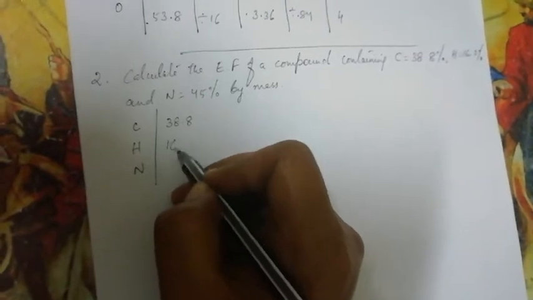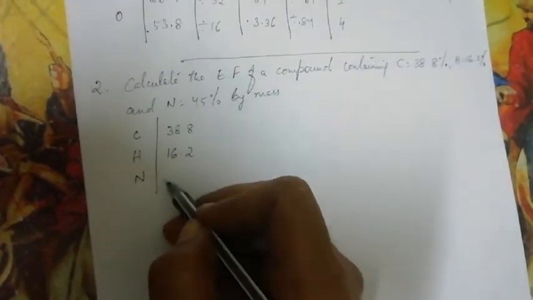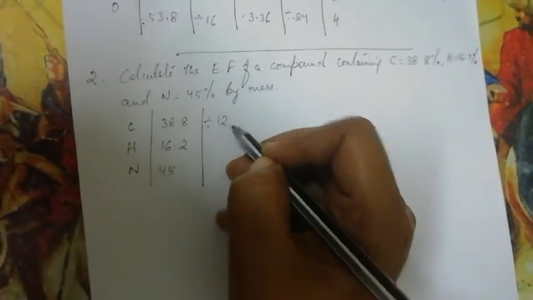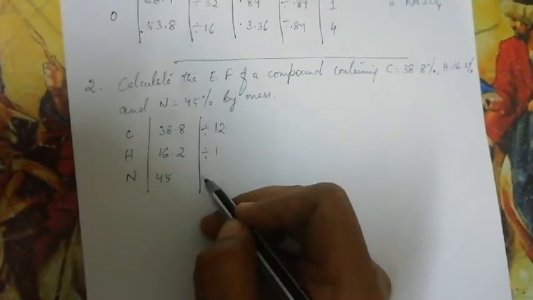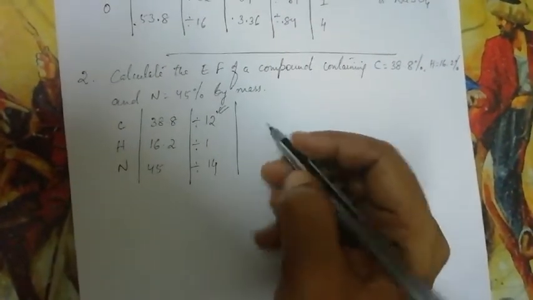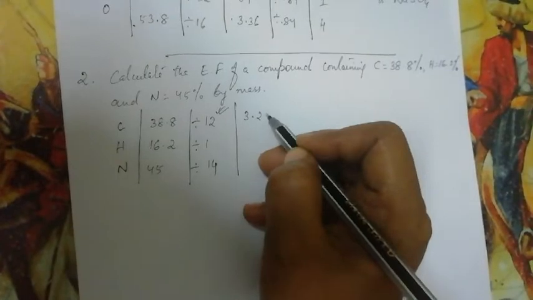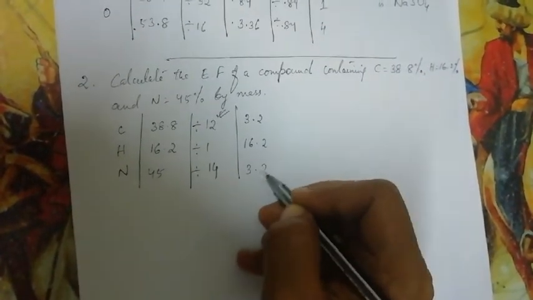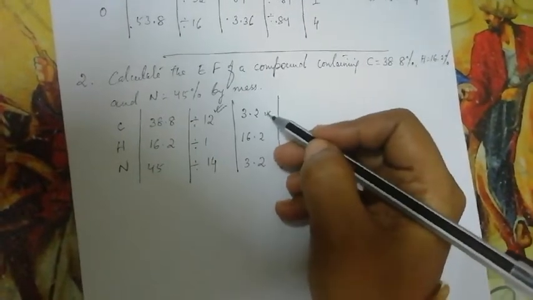Then you write down 45. Then you divide it by the atomic mass of each. Hydrogen 1, nitrogen 14. This will also be given in the question. So this comes to 3.2, this comes to 16.2, this is also 3.2. Now out of these, this is the smallest.